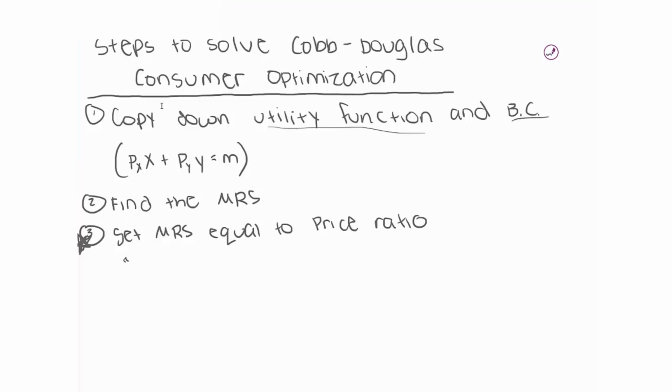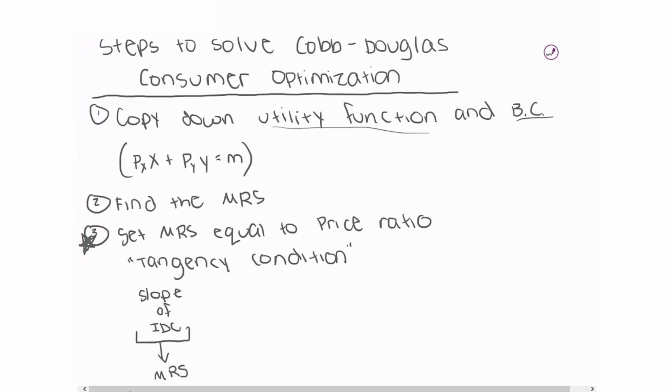So this step right here is known as our tangency condition, because what we're doing in this step is setting the slope of our indifference curve, our IDC, which is the MRS, equal to the slope of the budget constraint. The slope of the budget constraint is our price ratio, which is px over py.